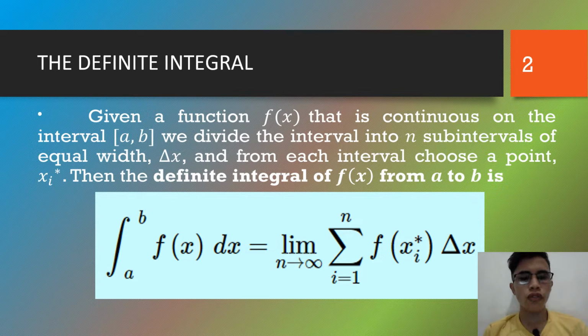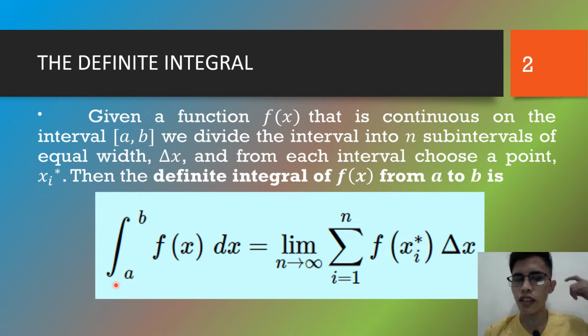So we have here the lower limit, which is a, and the upper limit b. And we have here the integral sign.